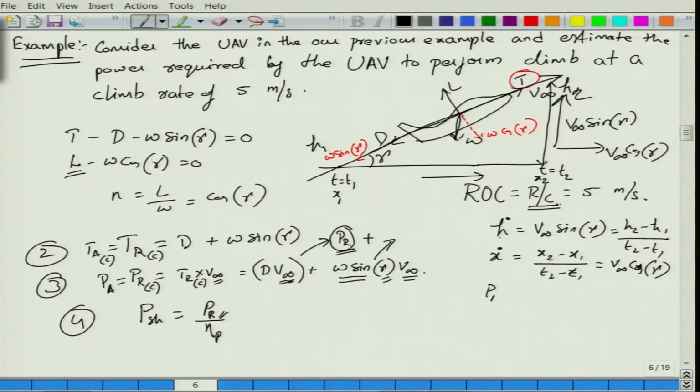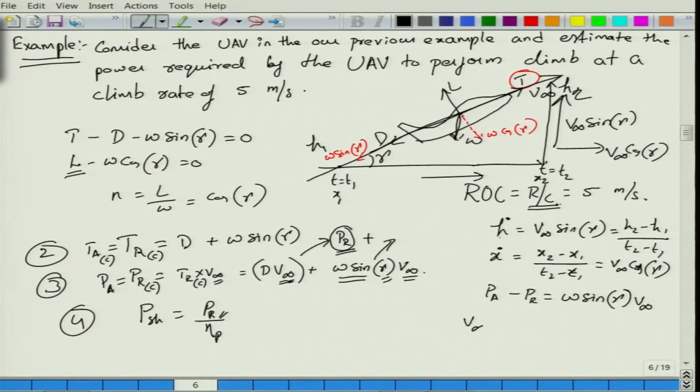The power available from this equation, which was presented in step 3, minus power required, which is drag times velocity, a level flight power requirement, will help you to propel this aircraft forward by taking a component of weight at a velocity V infinity, right.